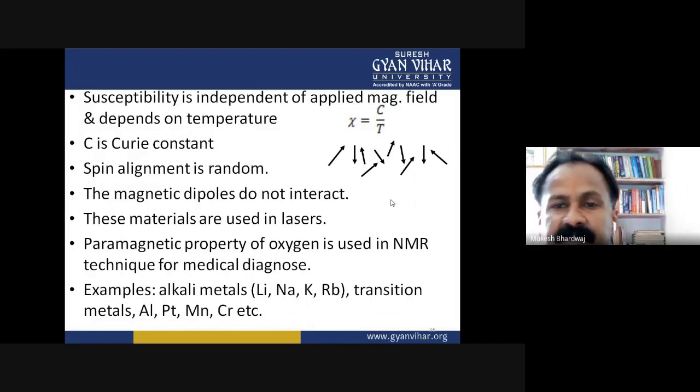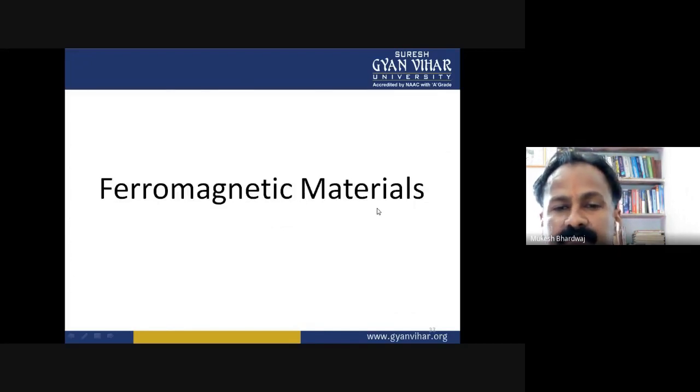Susceptibility is given by C by T, where C is the Curie constant. The spin alignment is random. The magnetic dipoles do not interact. These materials are used in lasers. The paramagnetic property of oxygen is used in the NMR technique for medical diagnosis. Examples: alkali metals like lithium, sodium, potassium, rubidium, and transition metals like aluminum, Pt, Mn, Cr.